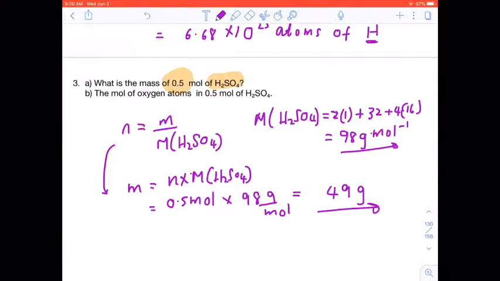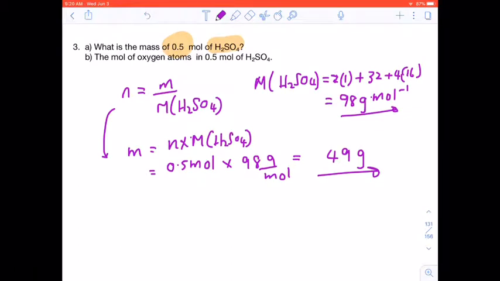Right, so how many oxygen atoms do we have here? If we look at H2SO4, so A, and that's B. So you got 0.5 moles of H2SO4, which you can see if we had 1 mole, you would have 4 moles of oxygen atoms.